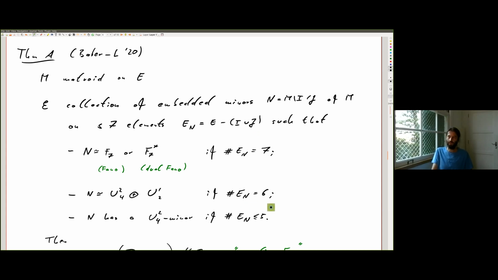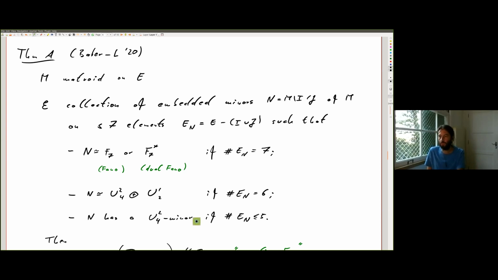If N has 6 elements, then it's isomorphic to U24 plus U12. And if N has less than or equal to 5 elements, then it contains at least a U24 minor, which implies that N has at least 4 elements, but I didn't write it down.